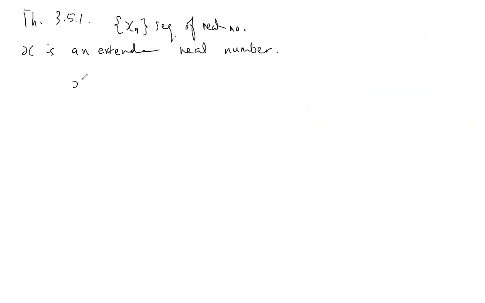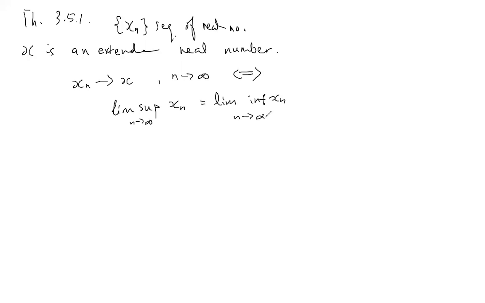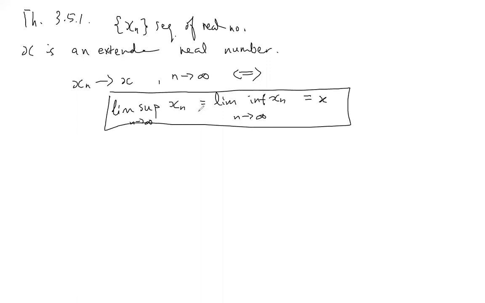So xn tends to x as n tends to infinity if and only if the lim sup xn is equal to the lim inf xn is equal to x. That means if you show this condition, you can imply convergence.